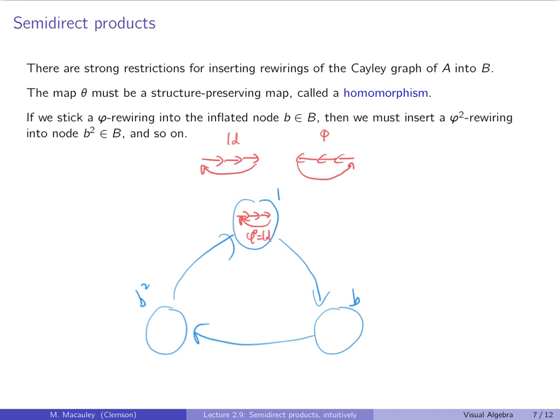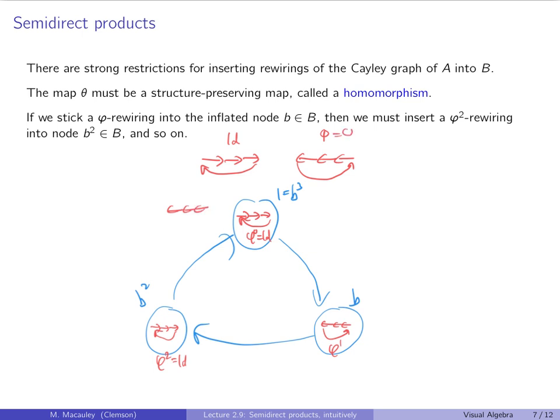Then if we put the rewiring phi over here, phi to the first, then we have to put phi to the second over here, which is the identity rewiring. So that means we have to put the original rewiring here. But then phi cubed is up here, and so B cubed is up there, and because 1 is equal to B cubed, that means that we have to stick the rewiring phi cubed.